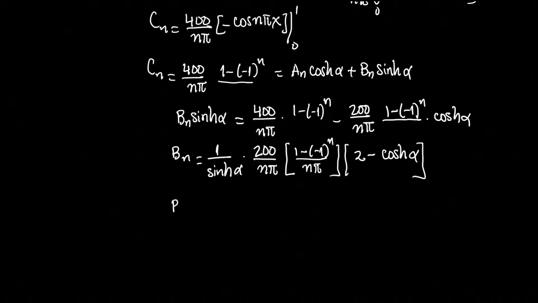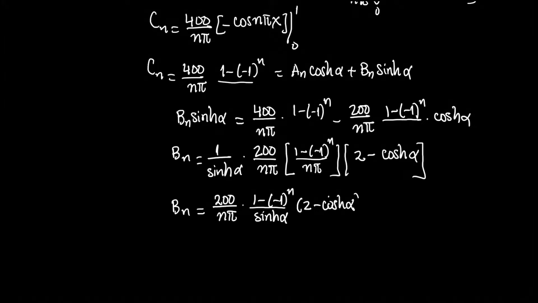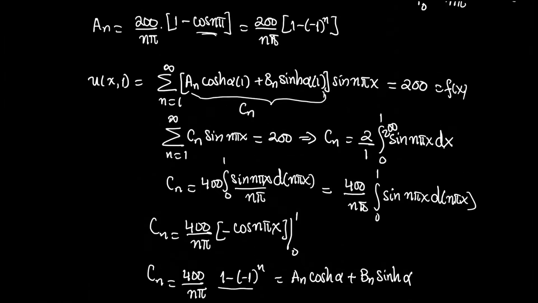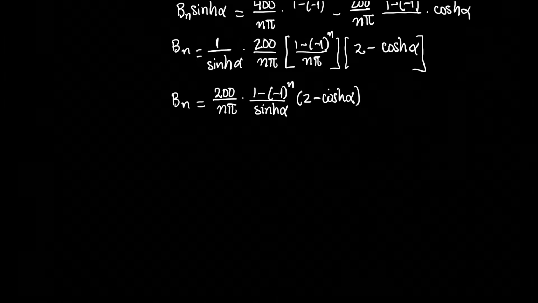Then B_n, just to organize, equals 200 over n pi times 1 minus (minus 1) to the power n over hyperbolic sine alpha times 2 minus cos hyperbolic alpha. That's what B_n is.